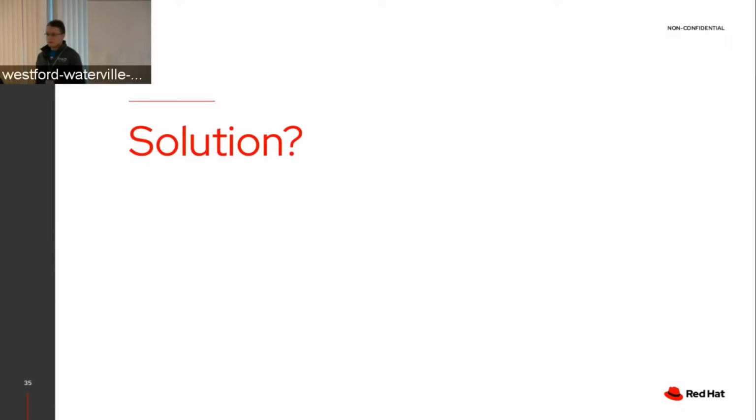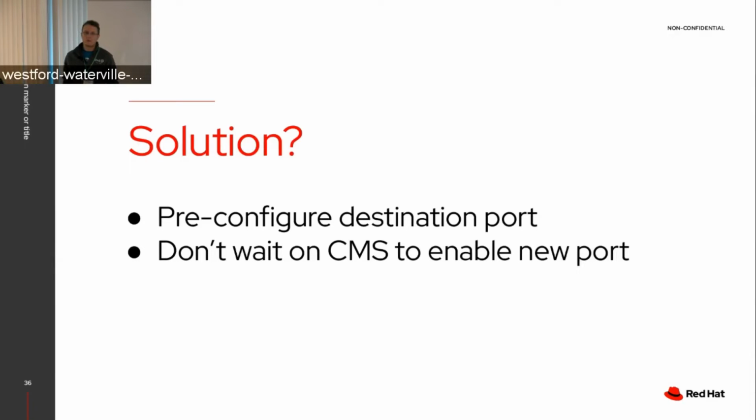So what's the solution that we came up with? First of all, we realized that maybe we don't need to wait for the VM to be completely moved to the destination chassis to actually start configuring the port there.